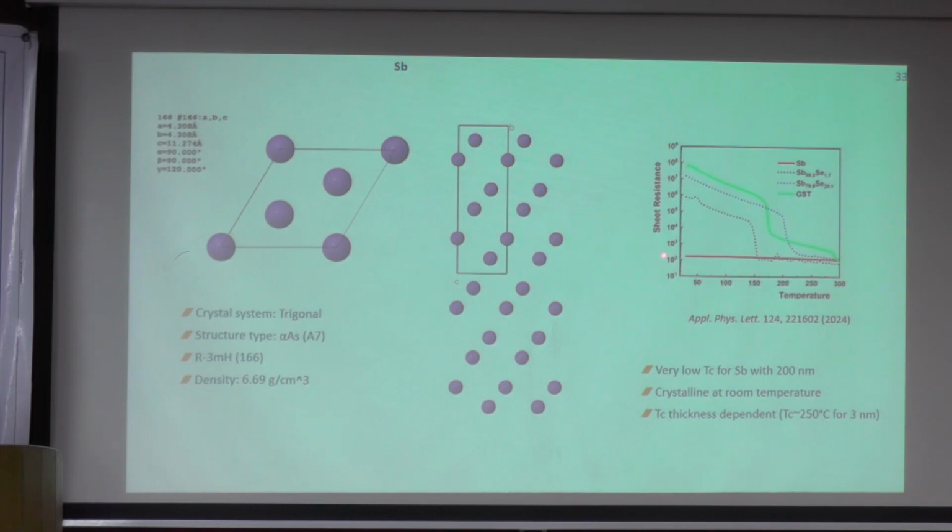So if you look here, and you deposit at room temperature, you see that it already has a low resistive state here, and it does not change on heating. So if you deposit it as thin films with a thickness of 200 nanometers, it's already crystalline.